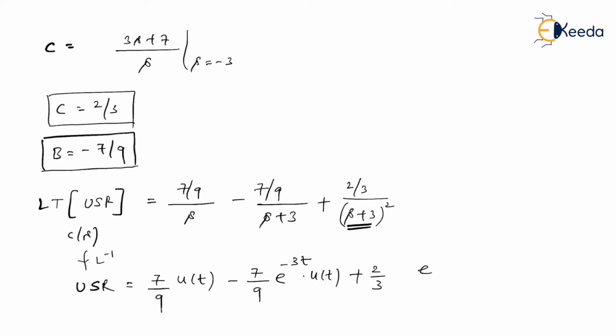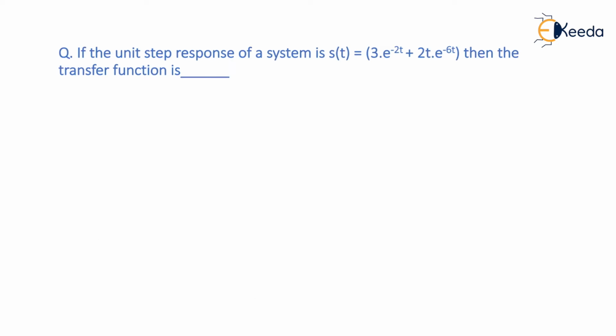We know that for s+3 we get e to the power minus 3t times u(t), but since we have a square term here, to compensate that we will multiply by t. And this is the final unit step response. You can check that in both the methods we get the same answer, right? So whatever approach suits you, you should choose that, but I would suggest you go for way 2. Let's see the next question.